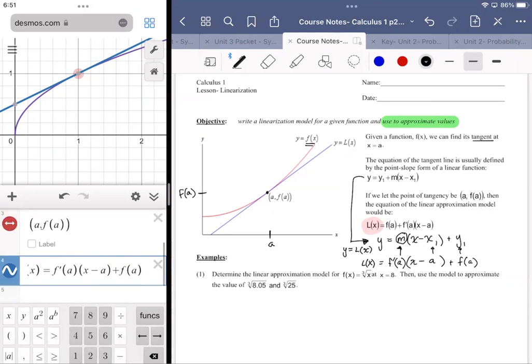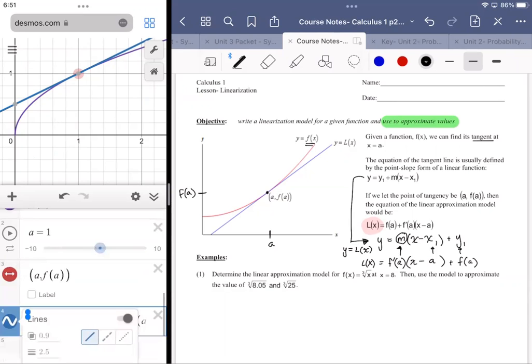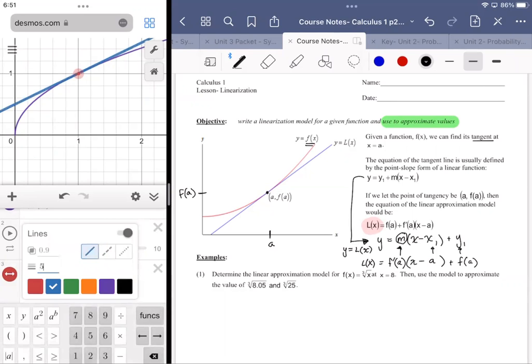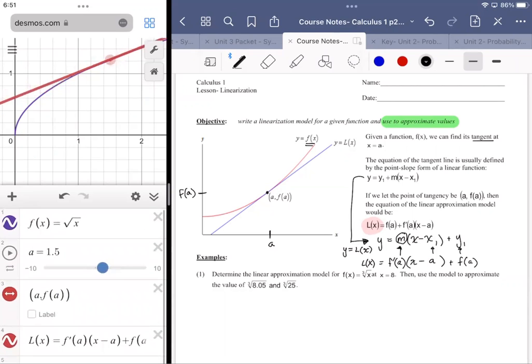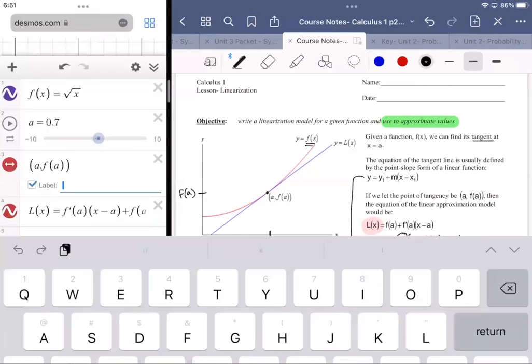I'll give this a different color. I'll make it a little thicker. I'll make it red. And so that's my tangent. And depending on where I go around that curve, you can see that that tangent adjusts accordingly. Now, if you want to get fancy, you just type in tangent.